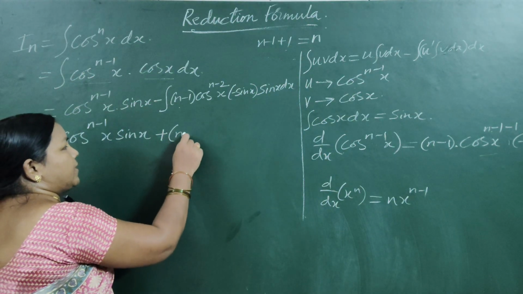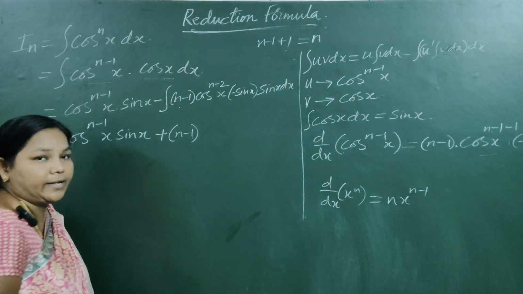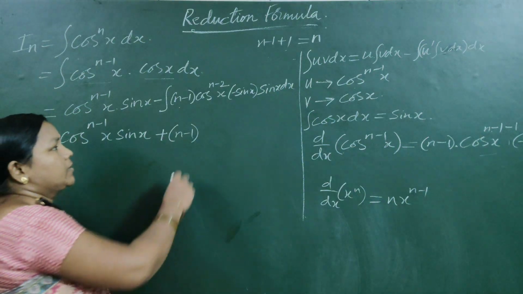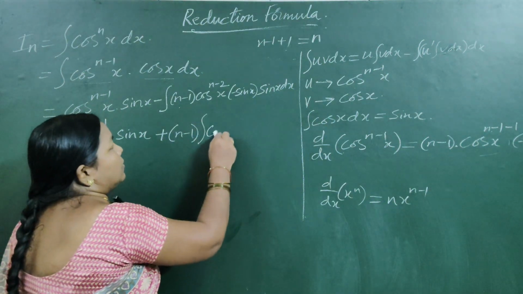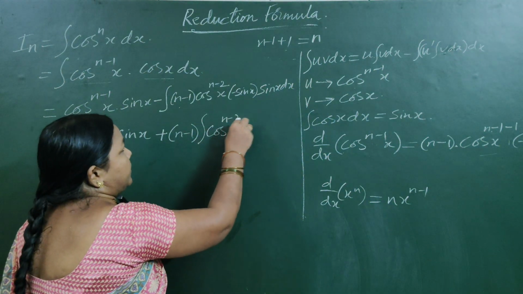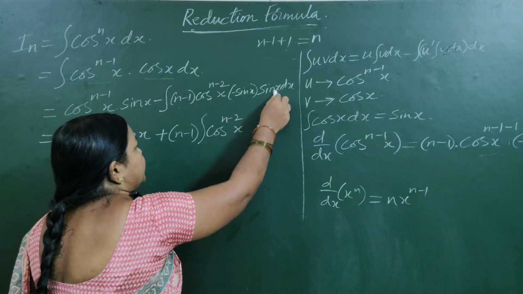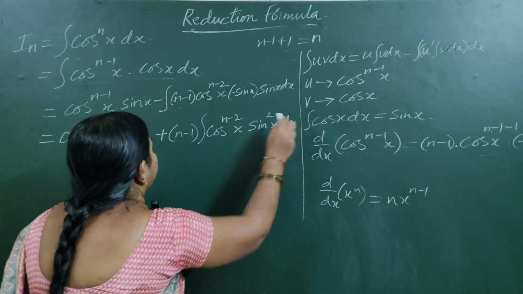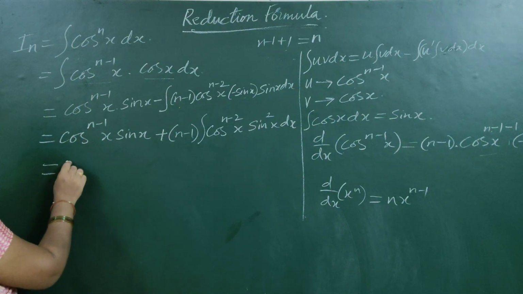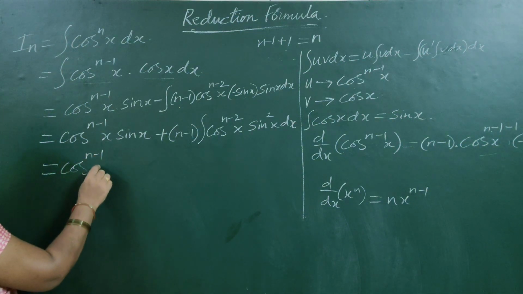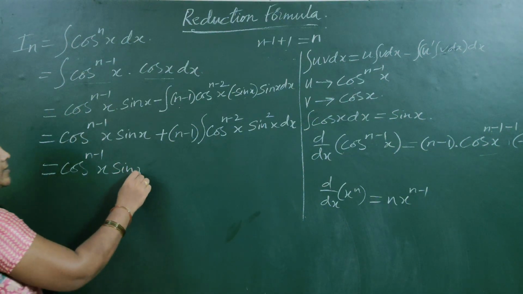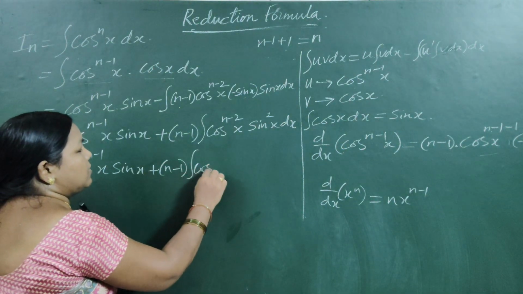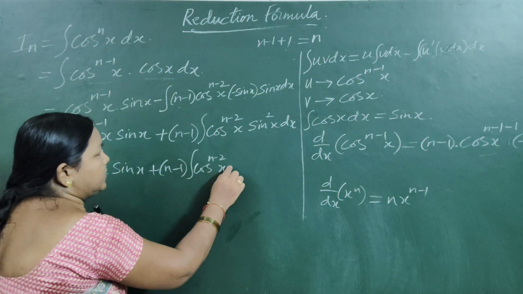Next, n minus 1 I am taking outside the integration because it does not consist of x terms. Next, cos power n minus 2x sin x into sin x is sin square x dx equal to cos power n minus 1x sin x plus n minus 1 integration of cos power n minus 2x.